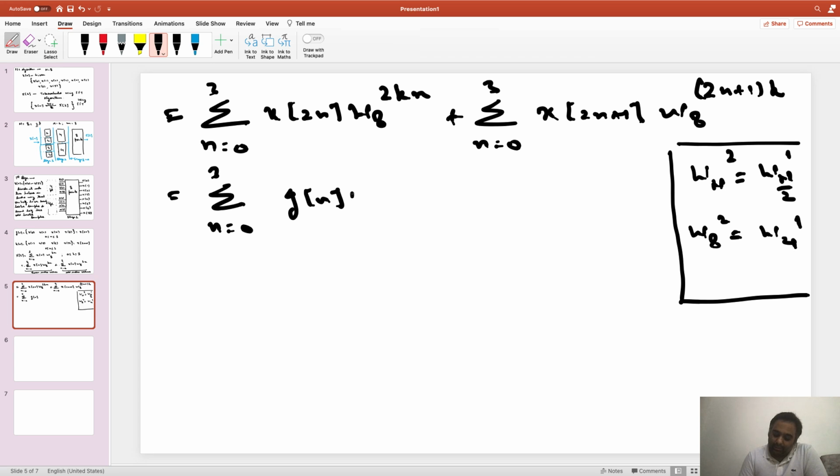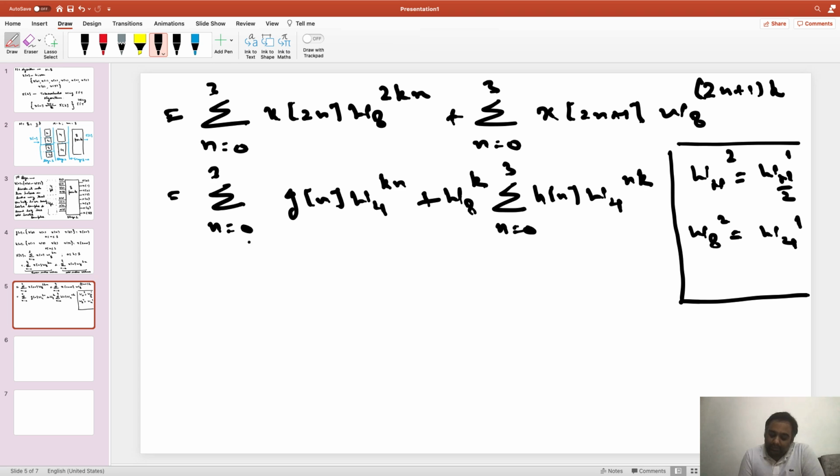So this can be written as W4^(kn) plus, if you see over here, W8 to the power k can come out of the summation sign because the summation is over n, so you get W8 to the power k out here, and then it is summation 0 to 3, and this becomes your h[n], and this becomes W4^(nk).